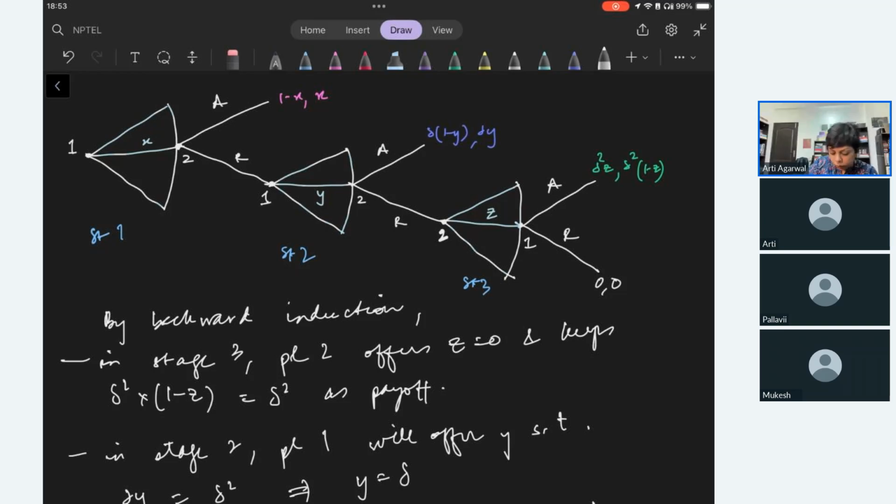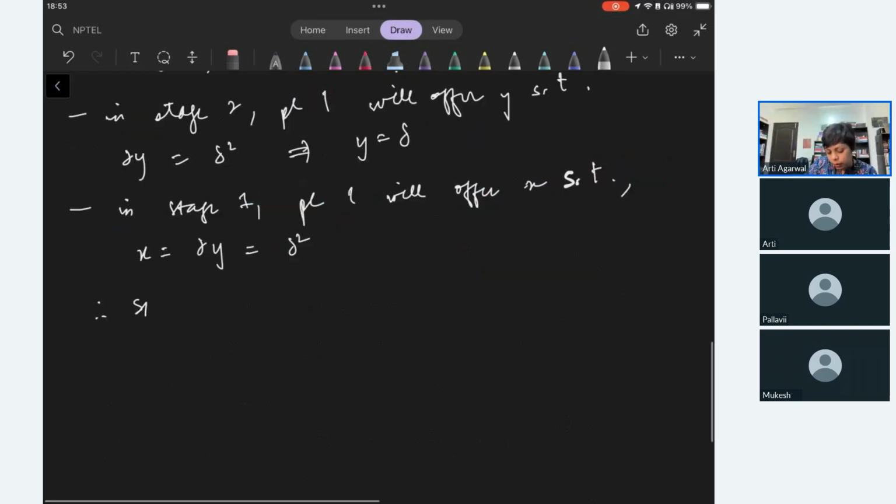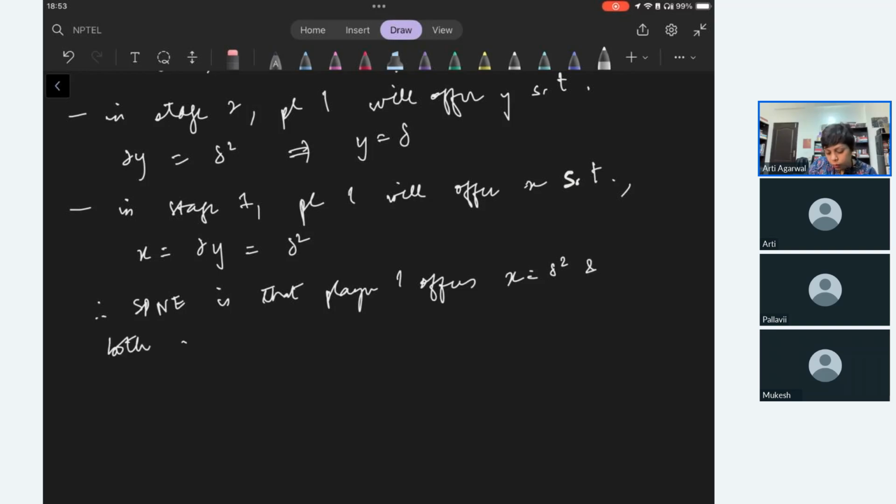Therefore, the SPNE is that player 1 offers X equal to delta square and both get payoff of 1 minus delta square comma delta square respectively.